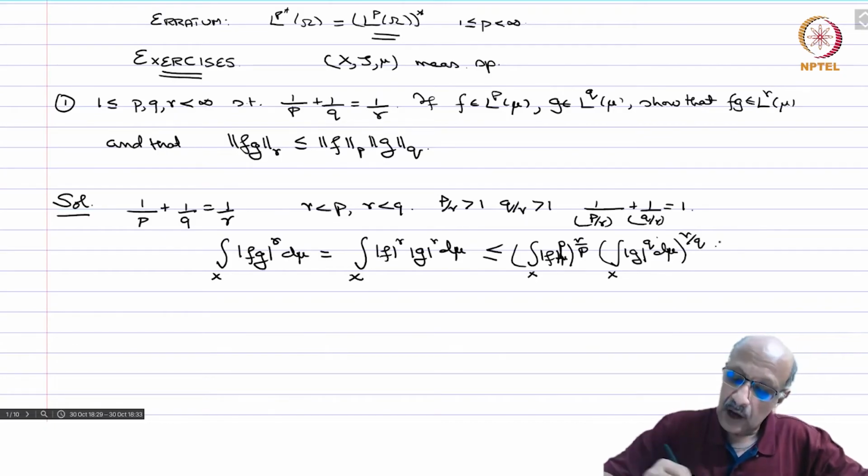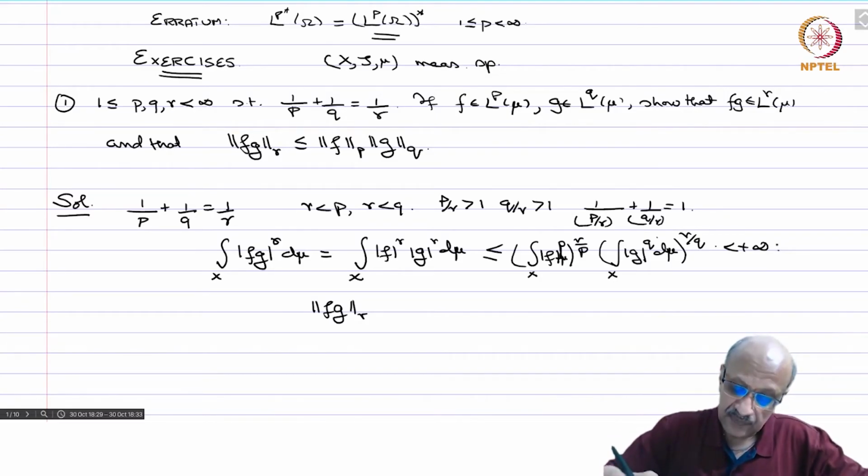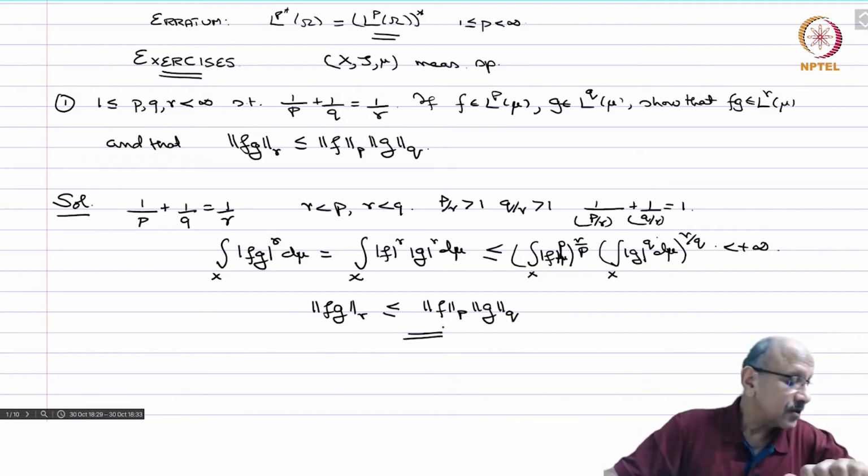Now you take the rth root on both sides, you get the norm of fg in L^r. This is finite, and therefore |fg|^r is integrable, and the norm of fg in L^r is less than or equal to the norm of f in L^p times the norm of g in L^q. Okay, so that is the solution.